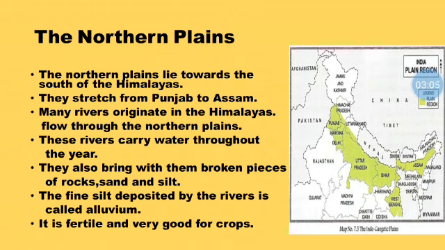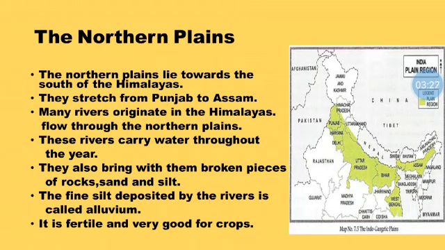When this fine silt gets deposited by the river banks, it is called alluvium. So alluvium is a soil. This soil is a very fertile soil because it contains potassium and humus in it.